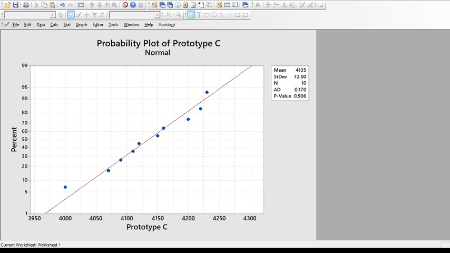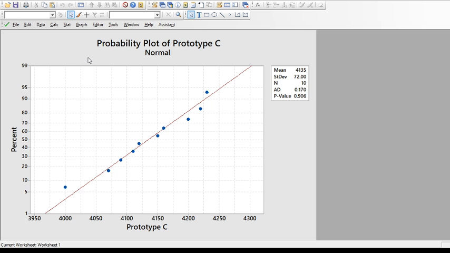So we have proven the second condition, and what's the third condition for us? Our third condition is to check the variance, whether across all the levels, we have 3 levels here: prototype A, prototype B, and prototype C. And what is your Y? Your Y is nautical miles, the flight range. So you need to ensure that the variances of prototype A, prototype B, and prototype C are equal.